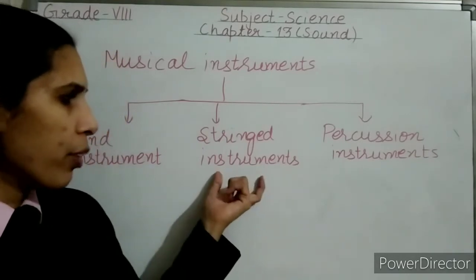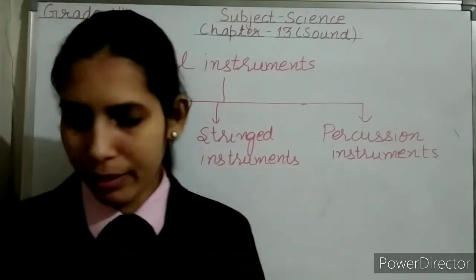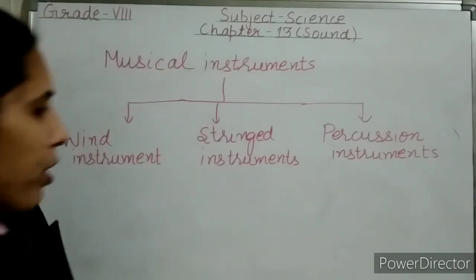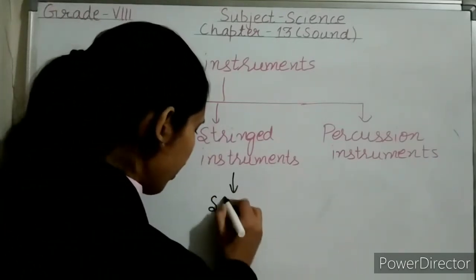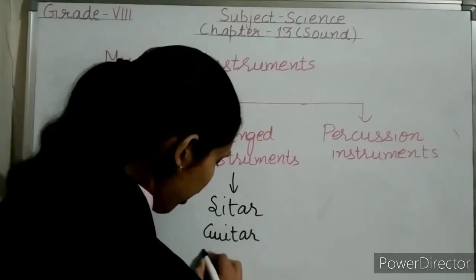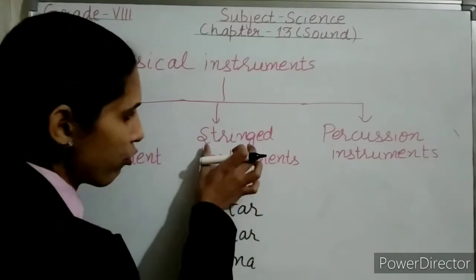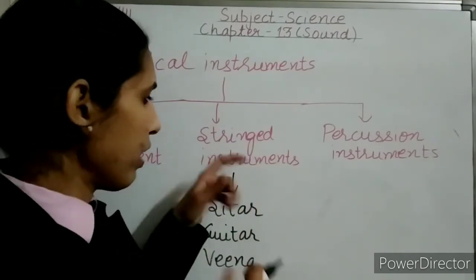Okay, let's start with the stringed instruments because these examples are very familiar. Examples like sitar, guitar, veena. These are some examples of stringed instruments. Very clear from the name, here the string vibrates.